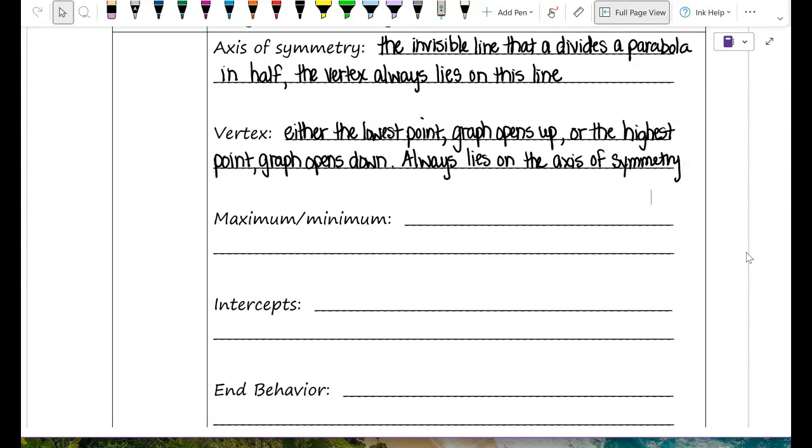All right, the next terms, maximum slash minimum, refer to where the vertex is positioned.